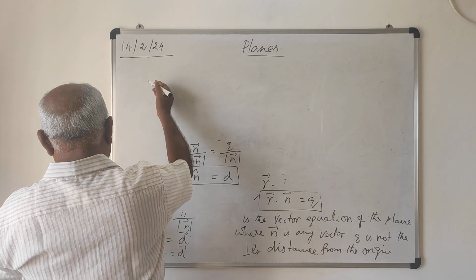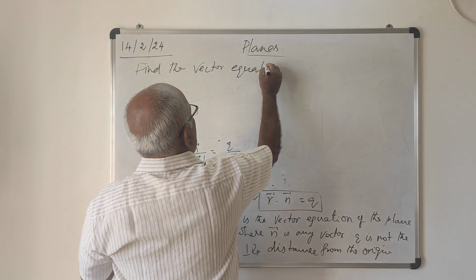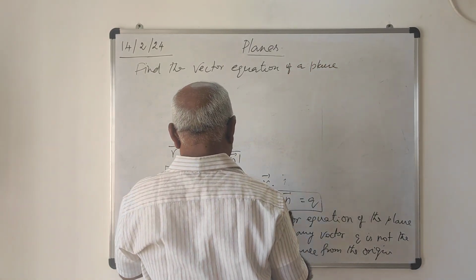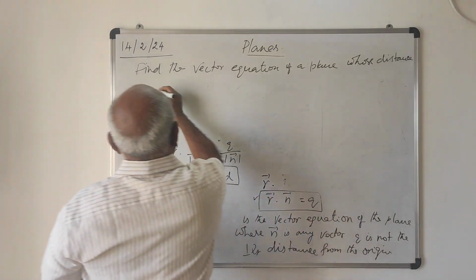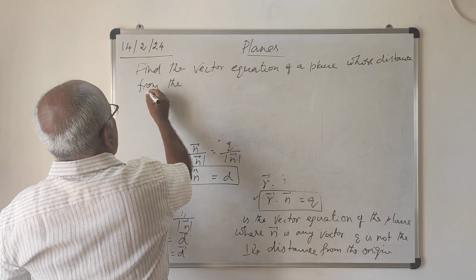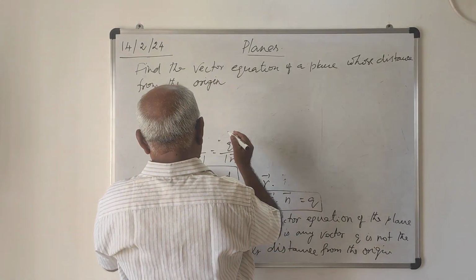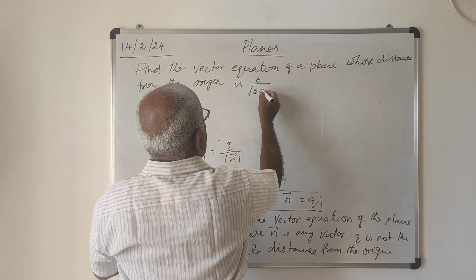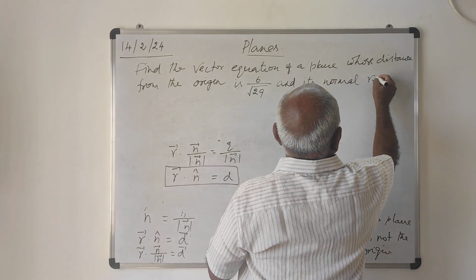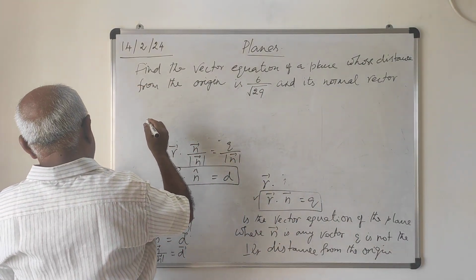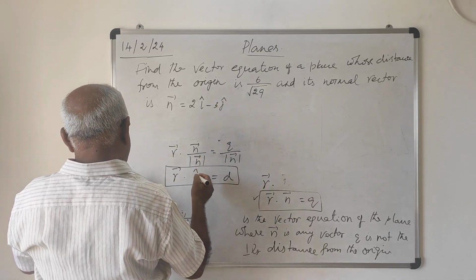Find the vector equation of a plane whose distance from the origin is 6 by root 29 and whose normal vector from the origin, not the unit vector, is n vector, given by 2i minus 3j plus 4k.